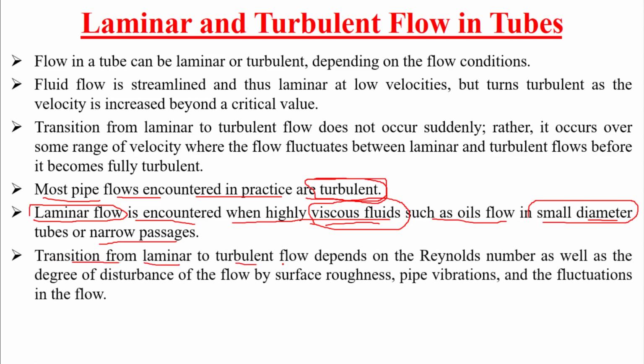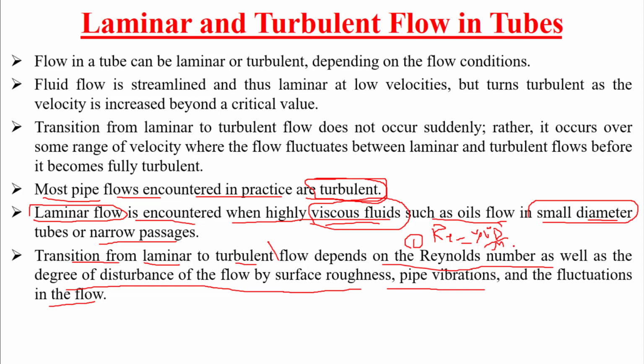Transition from laminar to turbulent flow depends on Reynolds number value as well as the degree of disturbance of the flow by surface roughness, by vibration, and fluctuation in the flow. We said Reynolds number depends on certain values like density, velocity, pipe diameter, viscosity.